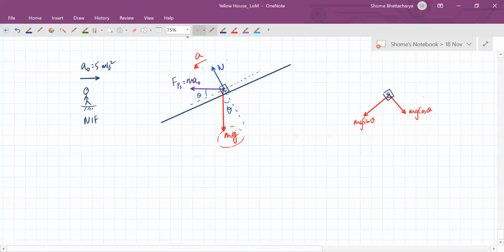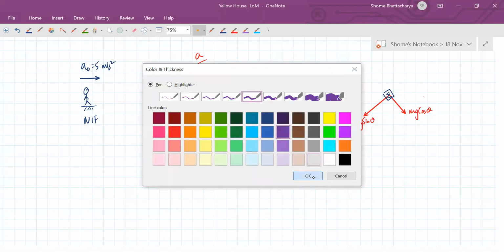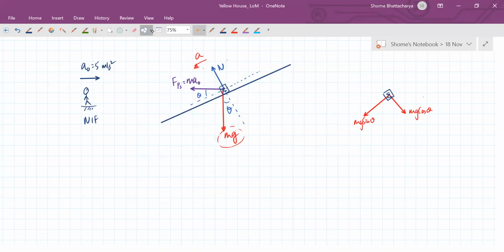Okay. Then pseudo force's components I have shown.